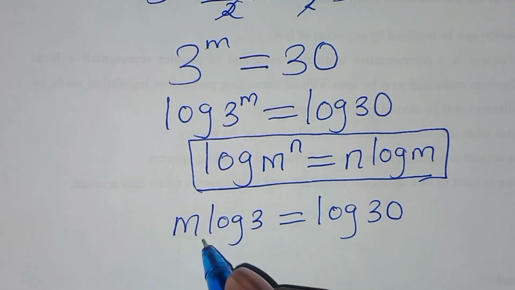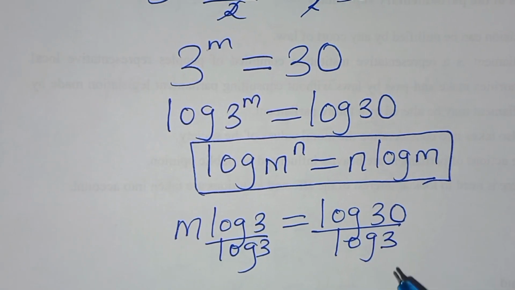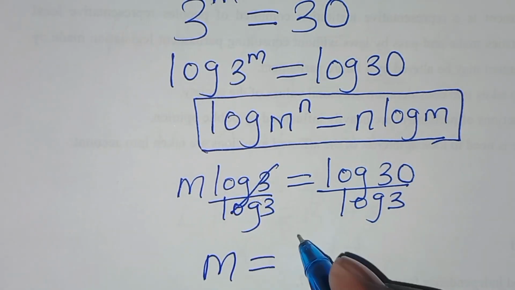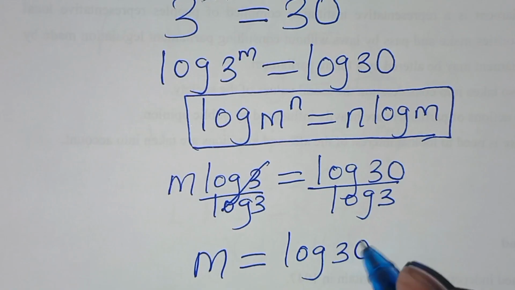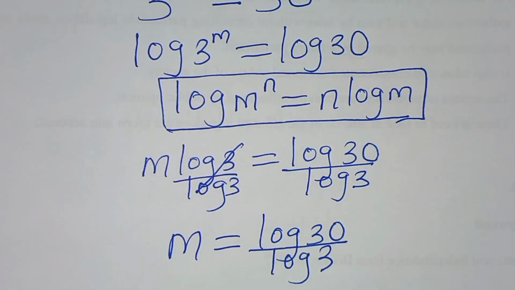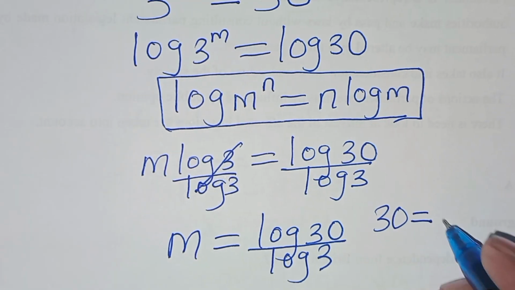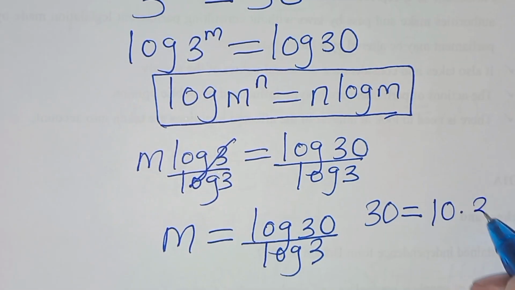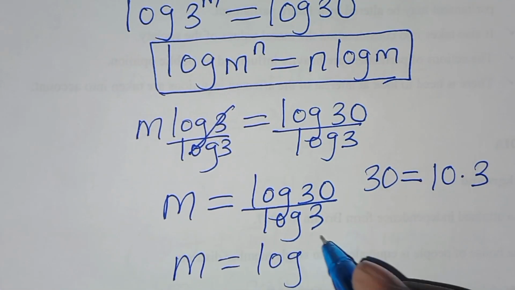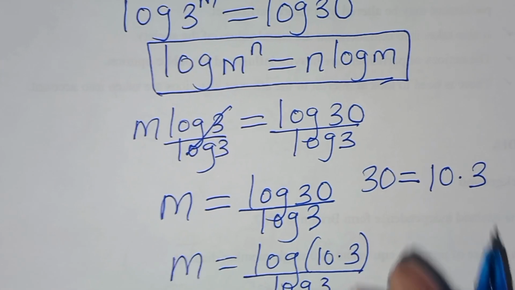Now let's divide both sides by log 3. Let's simplify here so that m is equal to log 30 divided by log 3. We can express 30 basically as 10 multiplied by 3. So here this means we have m is equal to log 10 times 3 divided by log 3.